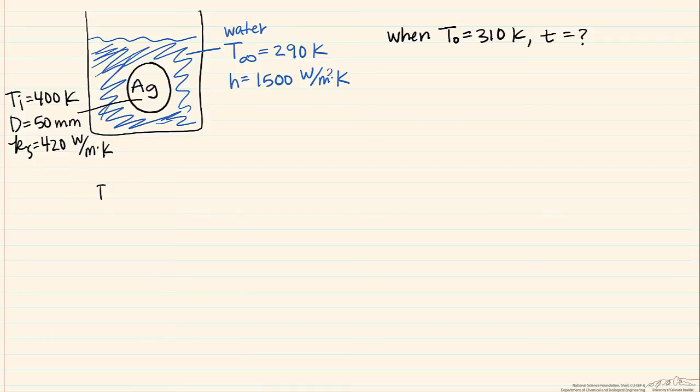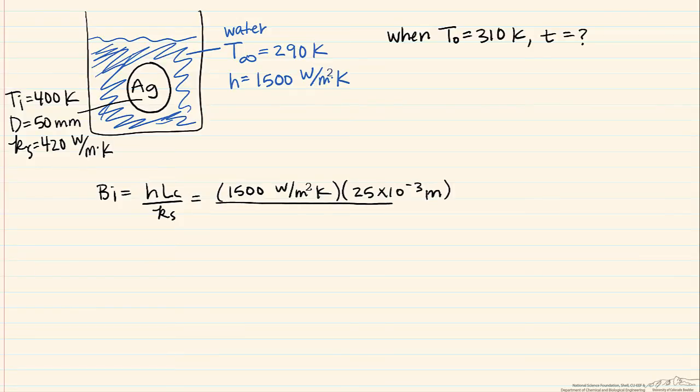So let's calculate that Biot number. That's going to be equal to our 1500 watts per meter squared Kelvin, and we're going to use the more conservative approach and multiply that by our radius. And we divide this by the thermal conductivity of the silver.